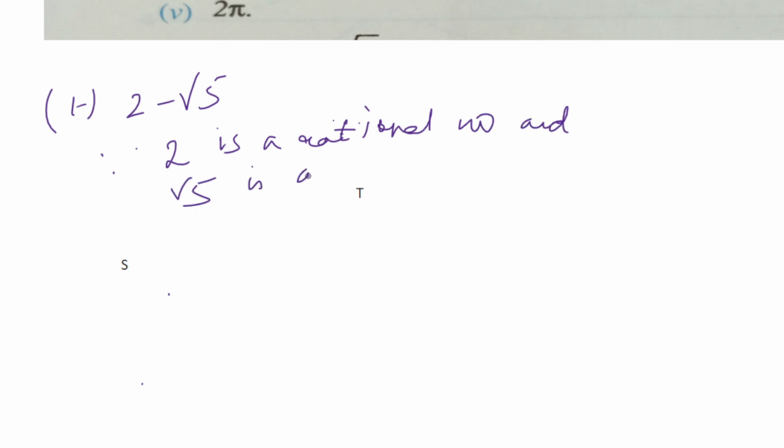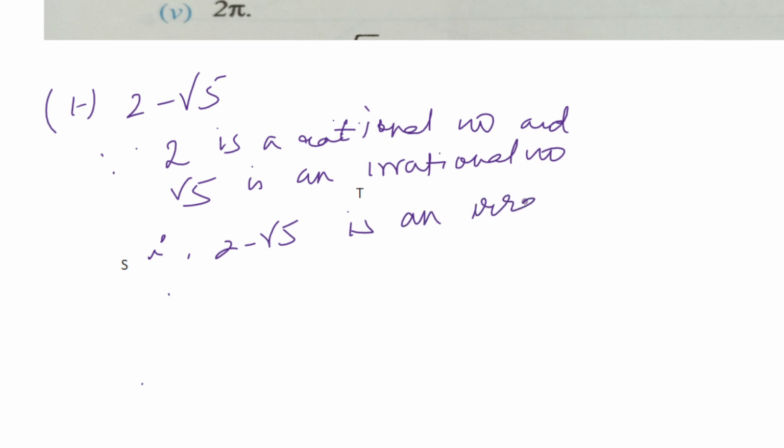So my answer will be, since 2 is a rational number and root 5 is an irrational number, therefore 2 minus root 5 is an irrational number. Is it clear? Let's do number 2.